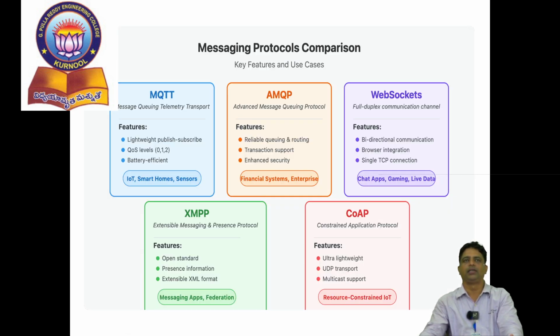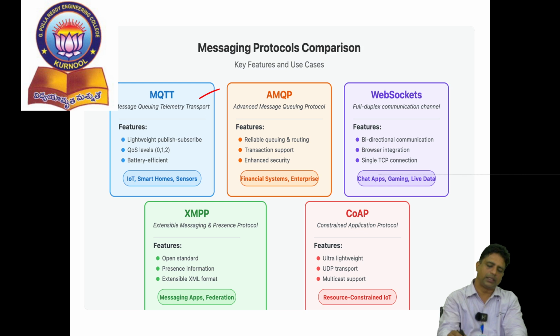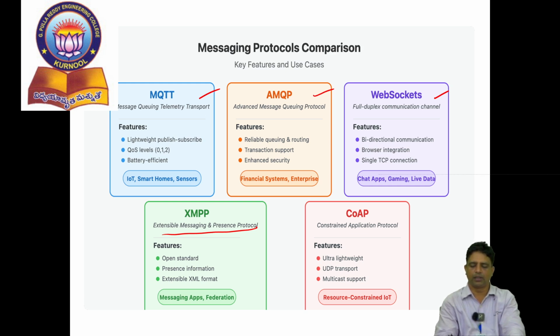So the different names that we can mention here are message queue telemetry transport, advanced message queuing protocol, full duplex communication channel, and XMPP, extensible messaging protocol, then CoAP, constrained application protocol, mostly used for multicast operations.